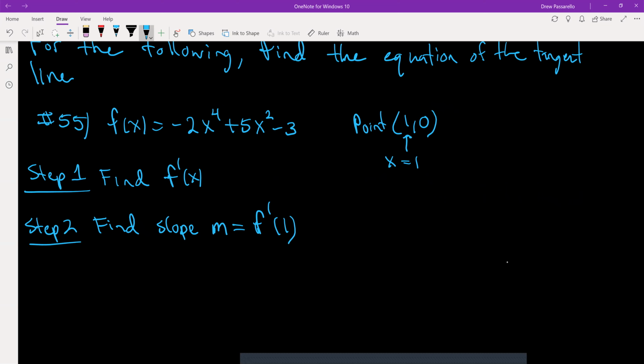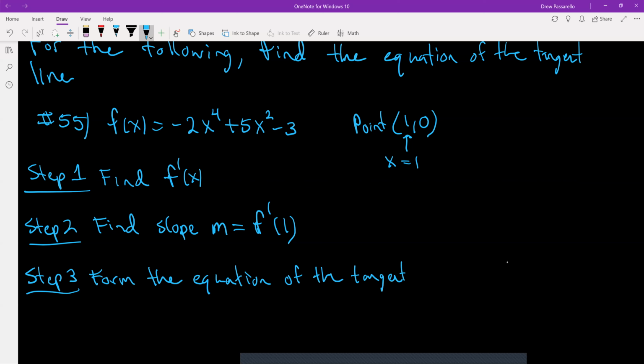And now we just have this added step. And the third step is to just form the equation of the tangent line. All right, so that's the procedure that's going to be done.